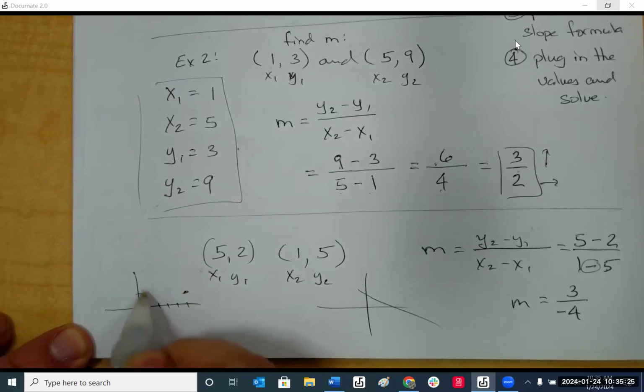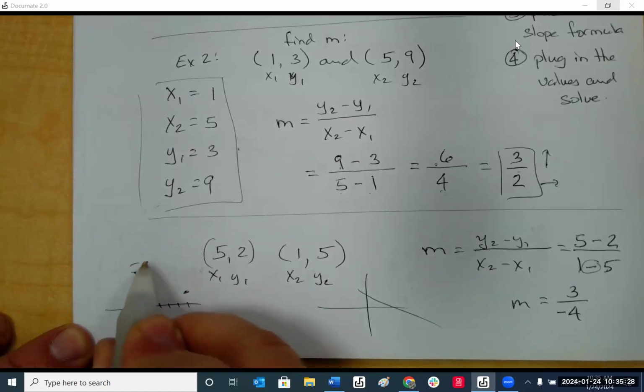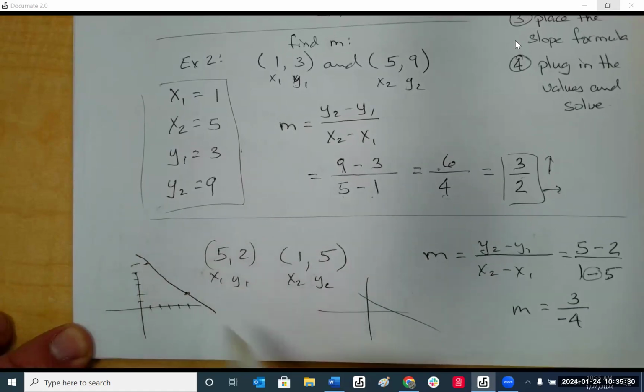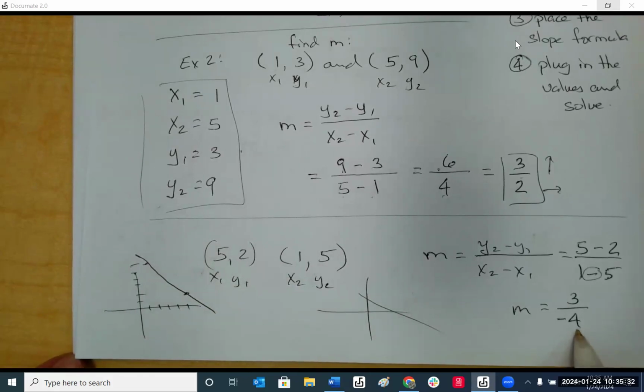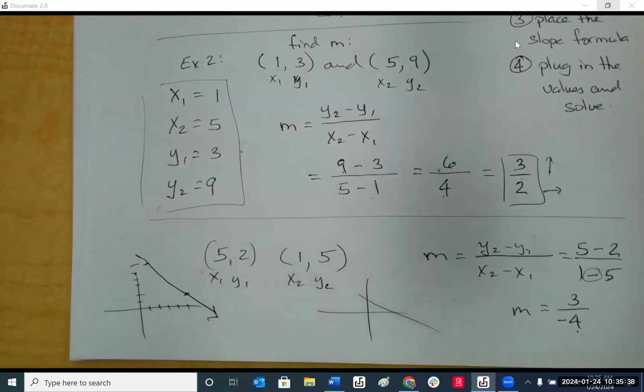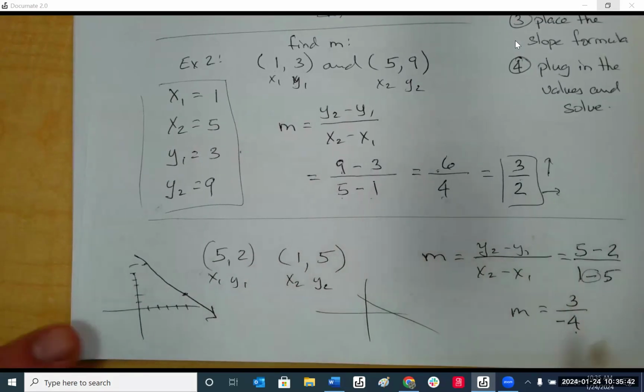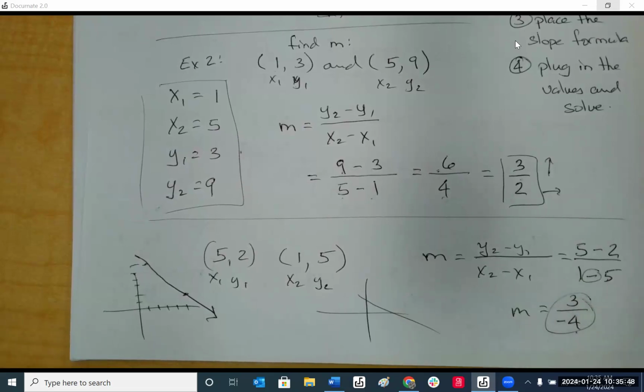So it looks like this. The slope is negative. So negative slopes, remember, we always read left to right. Negative slopes go down. Positive slopes go up to the right. So we can tell what it's going to look like when we graph it.